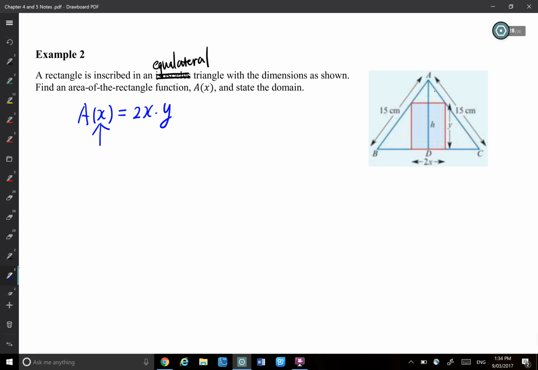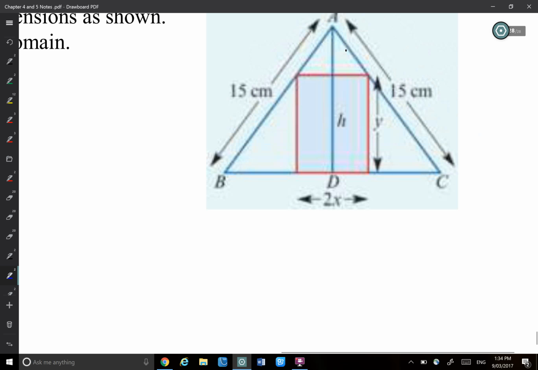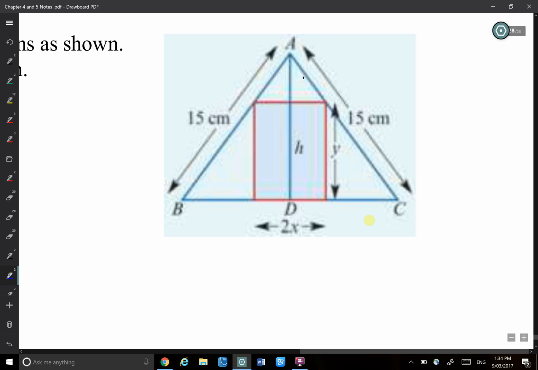So let's have a look at this y. This is y. How many degrees is that? 60 degrees.